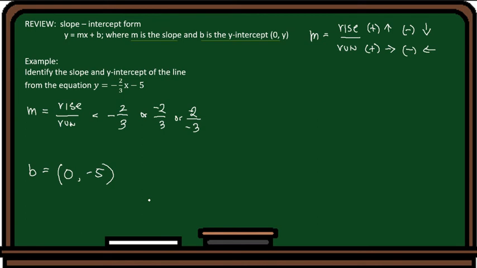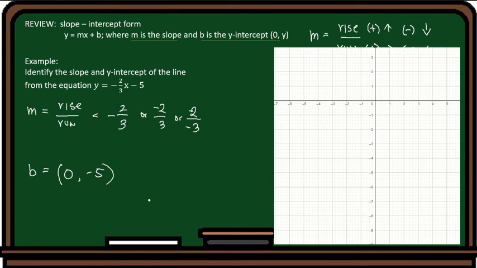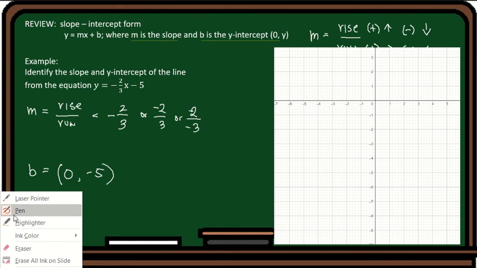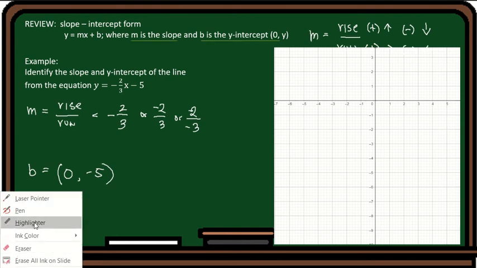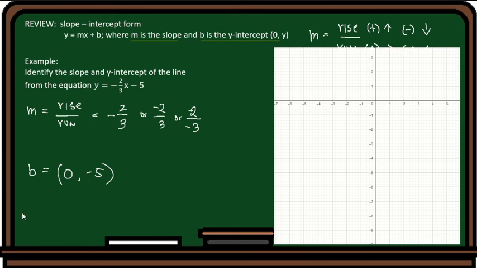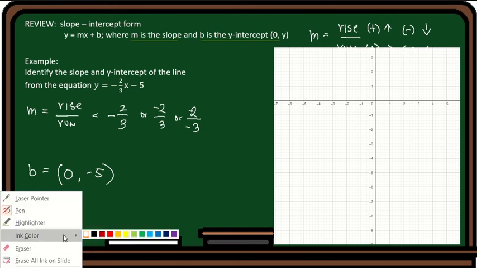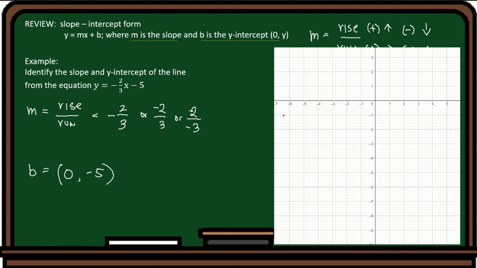Next, we will graph this now on our Cartesian plane. In order for us to graph this, we need points to identify the line of our equation. To graph this, we will start with b.